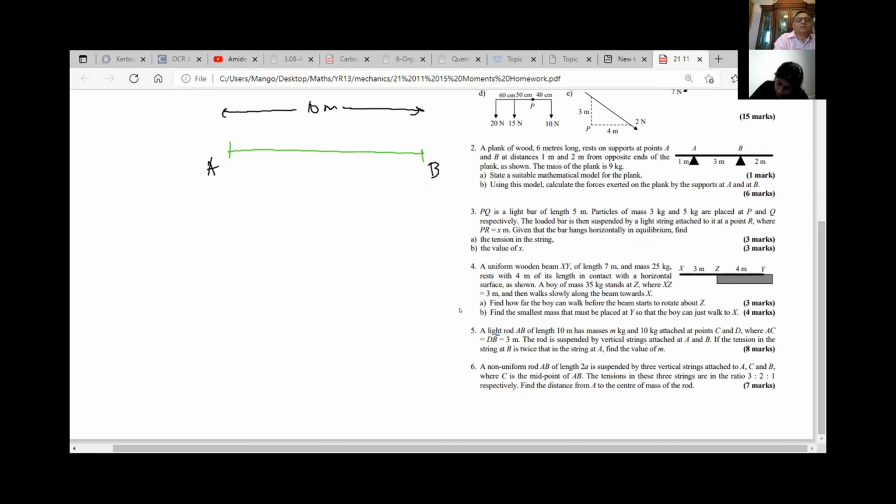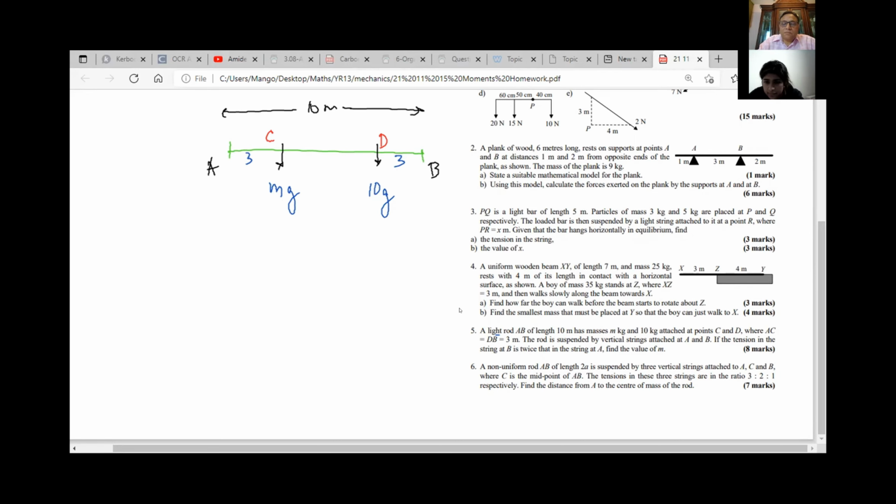So we have masses here and here, and these points are C and D, and they are 3 units away from the ends. Please confirm: a light rod AB of length 10 meters has masses m kg and 10 kg respectively, attached at C and D, where AC and DB are both equal to 3 meters. Now it is perfect, correct?